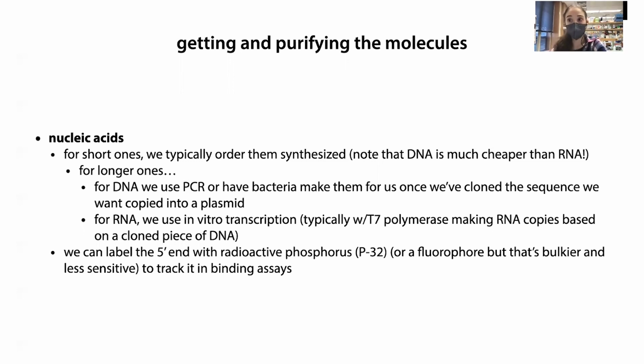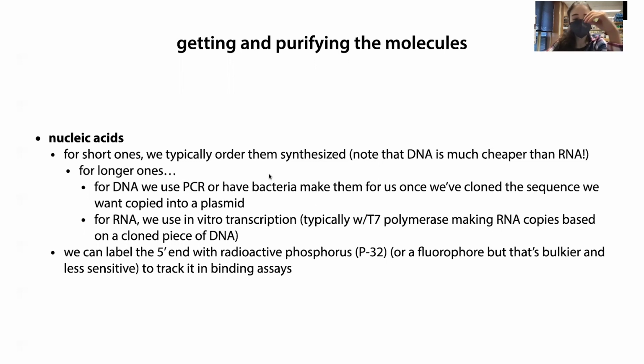So your RNA is going to be way more expensive than your DNA. But you can still order short bits of RNA custom made, synthesized with solid state synthesis. It uses things like phosphoramidites and stuff. It's pretty cool stuff. But anyway, that is if you want to do short pieces.